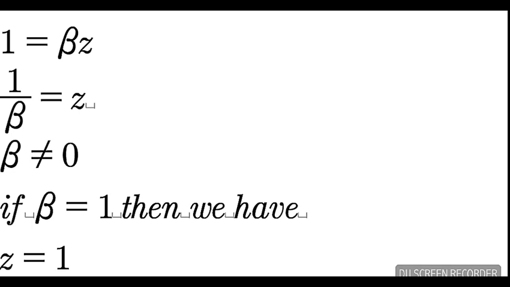Since z equals 1 over beta and beta is 1, if we substitute 1 in place of beta, we shall have z equals 1 over 1, and 1 divided by itself is still 1.